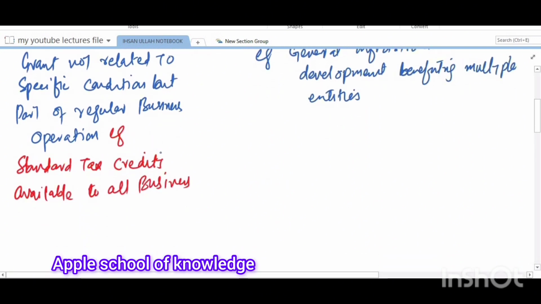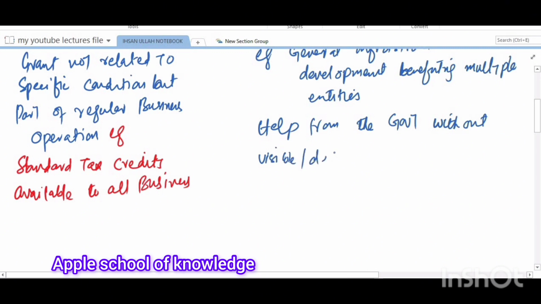This unvalued government assistance is actually help from the government, definitely a government assistance, but without visible, I will say detectable, whatever term you want to use, detectable economic value.